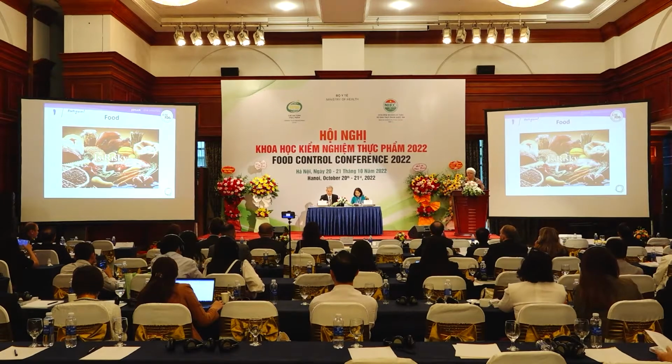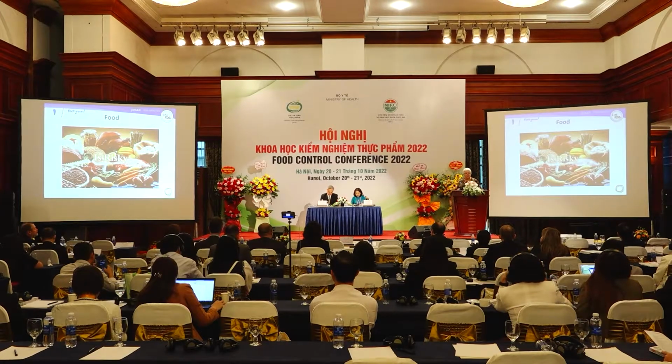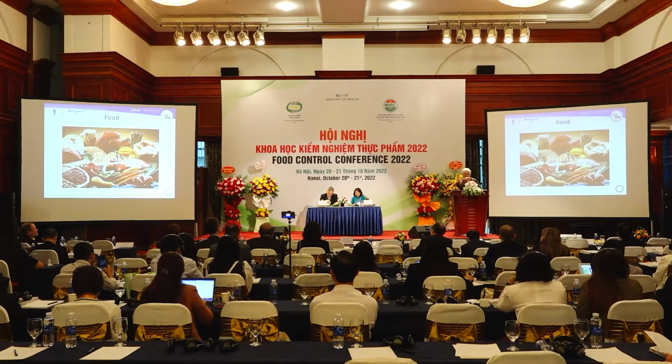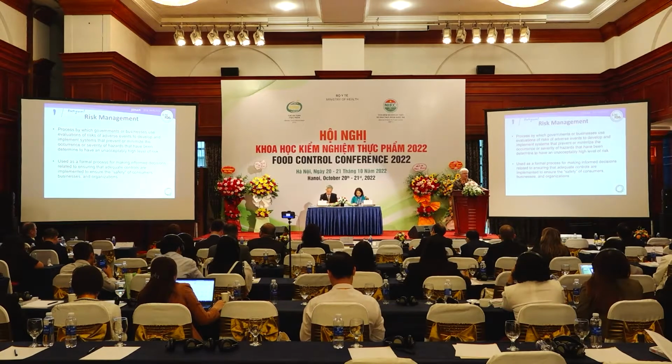So we all know food, by its very nature, if not produced or processed by certain methods or cooked in certain ways, can be very risky. And we have different ways to go about trying to manage risks.